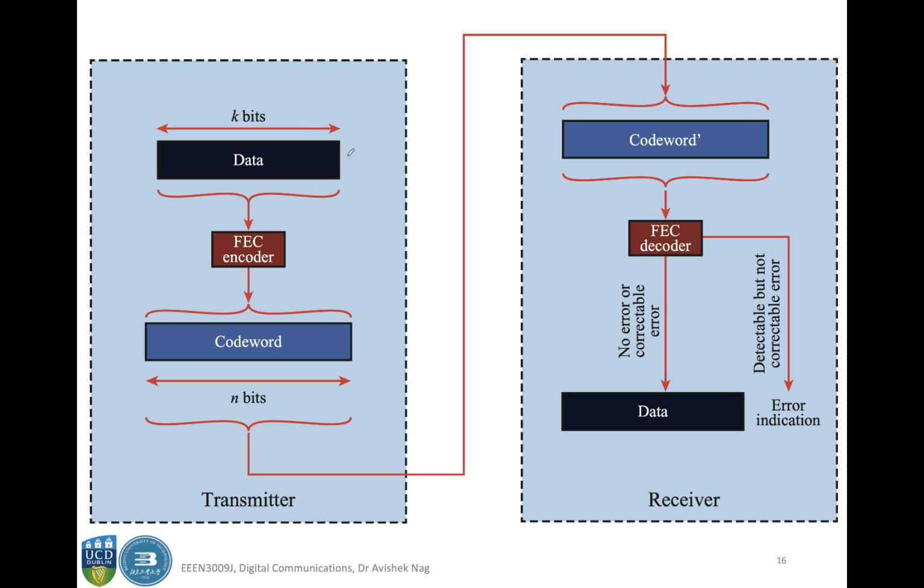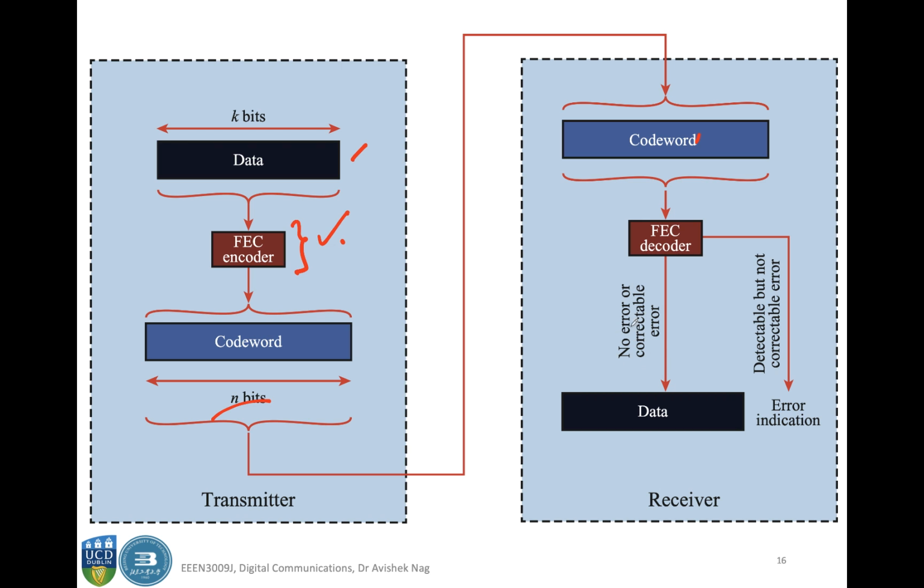So the entire k-bit data block is mapped through a FEC encoder into an n-bit code word, and that is transmitted. And when you receive the same code word, that might be affected by noise or other channel impairments, so you denote it as code word prime, and then you do the FEC decoder, which is the exact inverse mapping of this encoder, and then you get back the data.